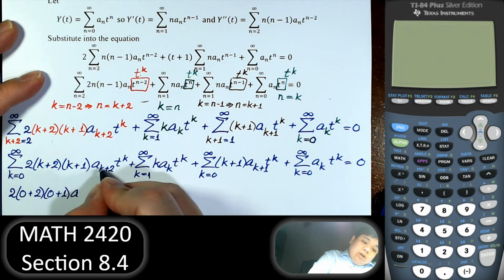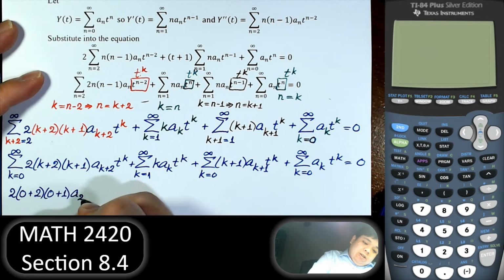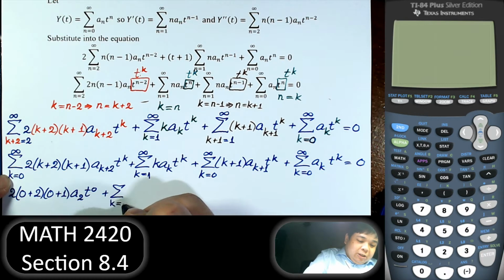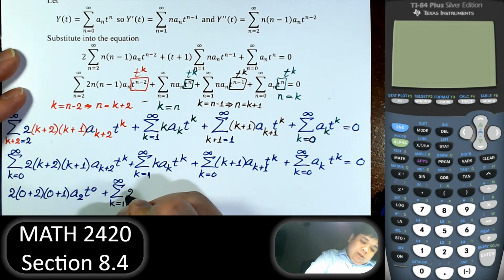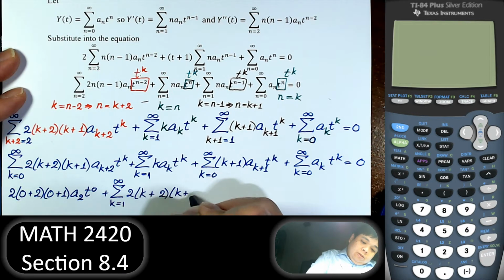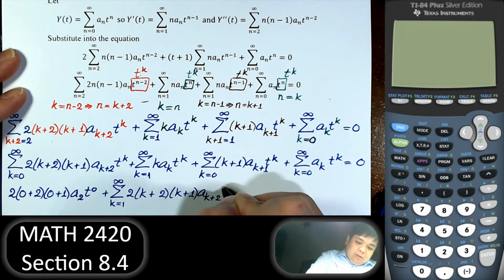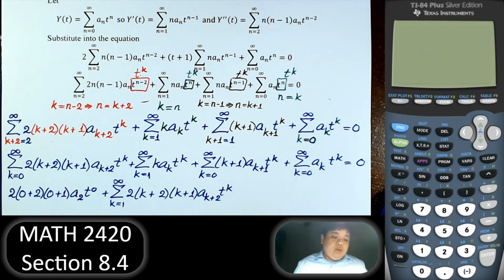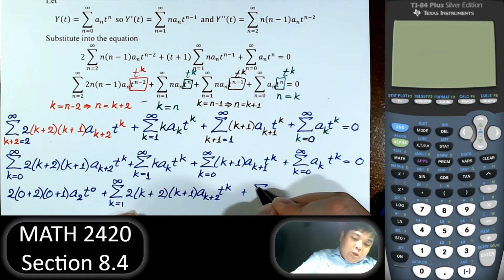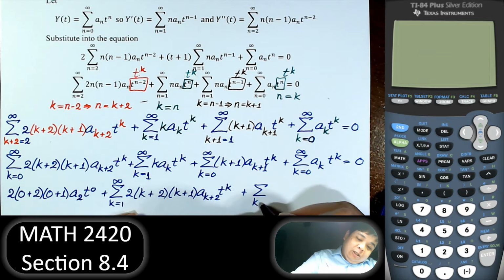After that, we can say the series starts at 1. Right, so that series starts at 1, which is good. The next series already starts at 1, so we don't do anything with it.